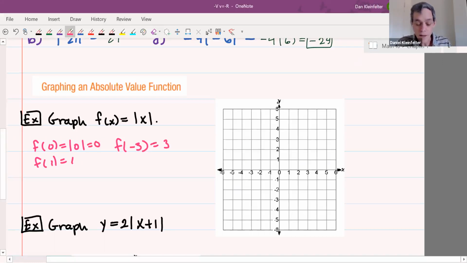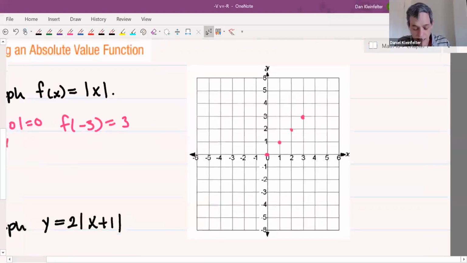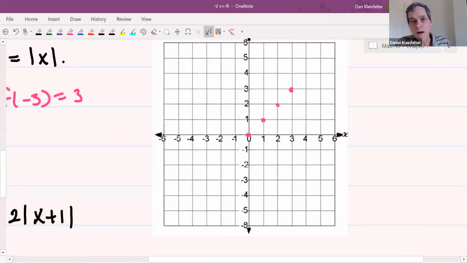So for positive values, what we put in is what we get out. And for negative values, what we get out is the opposite of what we put in. So the absolute value of negative 1 will be 1. The absolute value of negative 2 will be 2, and so on. That's what gives the absolute value function its characteristic V shape.